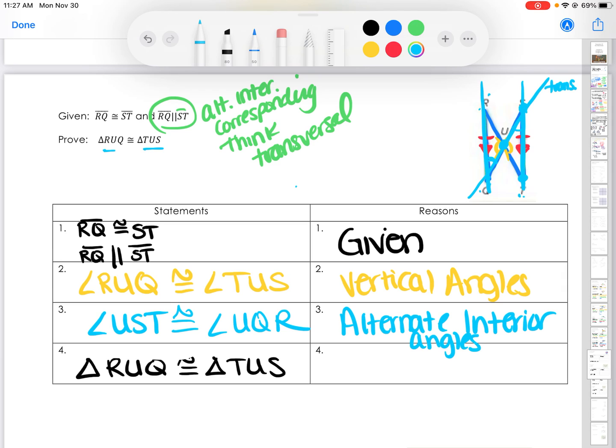And that's by alternate interior. You absolutely could have said that angle R and angle T were congruent to each other as well, and there would be nothing wrong with doing that. And then last but not least, we could say that these are congruent by angle, angle, side. Though there are multiple ways we could have done this. We could have also done this one by angle, side, angle.